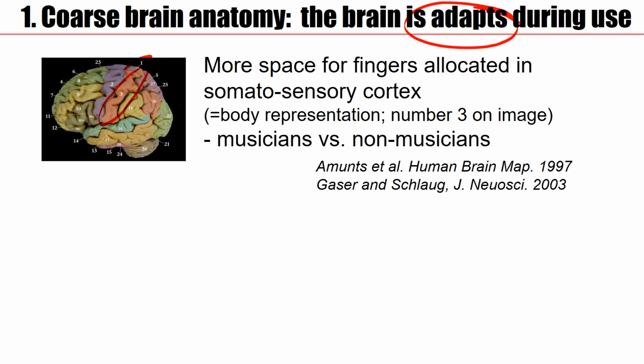Now it turns out that for fingers, more space is allocated in musicians than in non-musicians. Obviously, they are not born as musicians, but it's because of their daily practice that the brain decides to devote more space, a better representation of the state space of the current situation, the current position of the fingers on the strings, on the piano keys, and so forth.